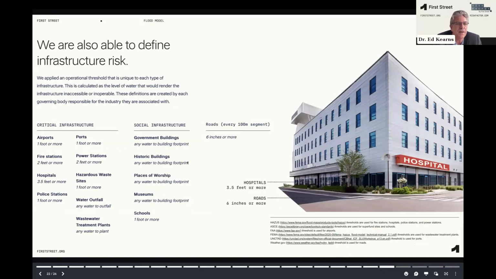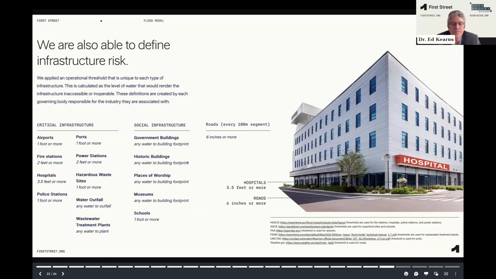When we're looking at the infrastructure risk, this is acknowledging that while your home or your business, you may have taken those precautions, you may have raised it, you may have hardened against flooding, the community in which that asset is placed may suffer from flooding in ways that will make it very hard to get to that home or very hard to get to that business, right?